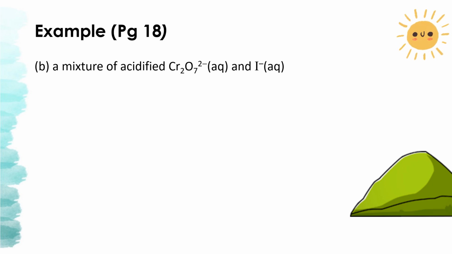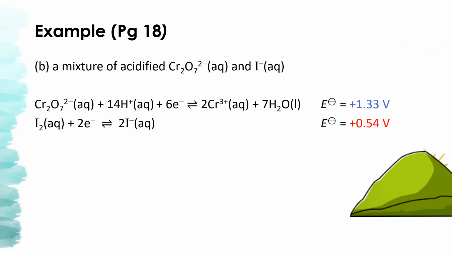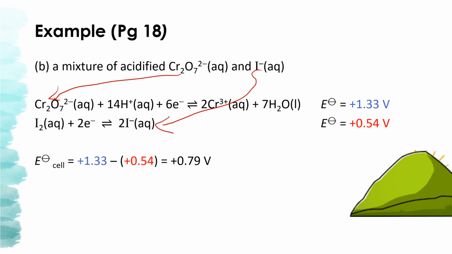Okay, another example: Cr2O7 2- and I-. We try to look for the relevant half equations. Then we check, are they on different sides of the half equation or not? Very good, one on the left hand side, one on the right hand side. Redox can happen. Then we need to check again: is the E0 cell a positive value?